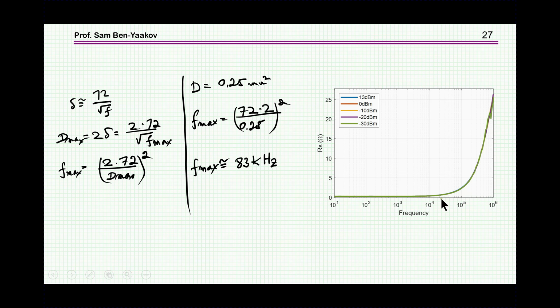Actually, you have to be a little bit lower than that, and we can see it here very clearly. At 83 kilohertz, we are somewhere here, which is already bad news, and you'd like probably to be here, unless of course the ripple is very, very small, or the AC component is very small, so you don't have to worry about it.